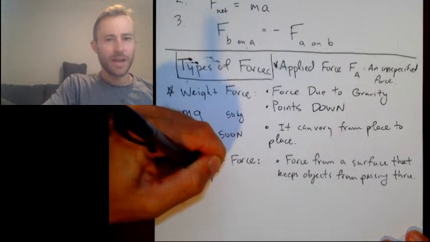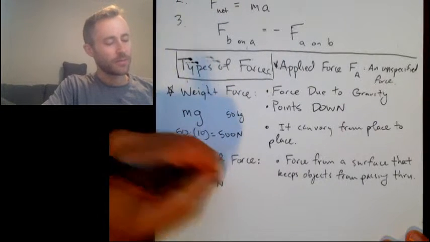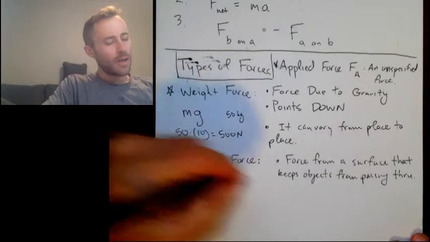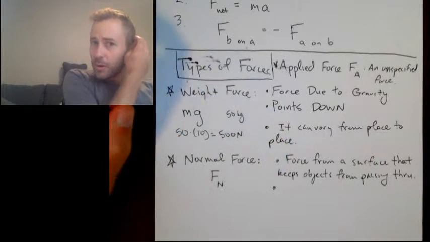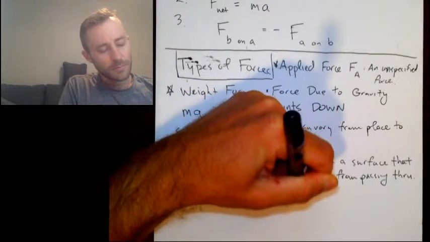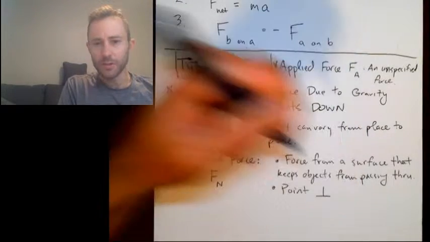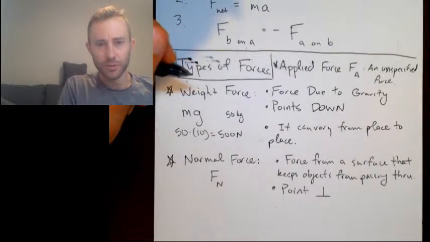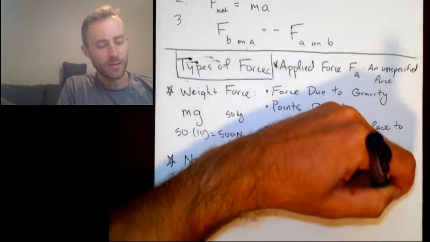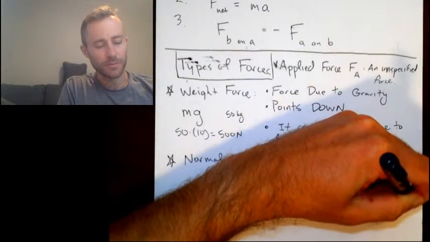It is denoted by F sub n, for normal. And the normal force points perpendicular and away from the surface.